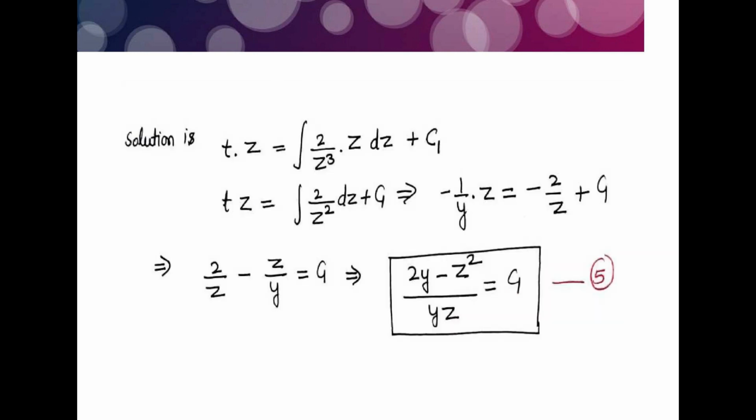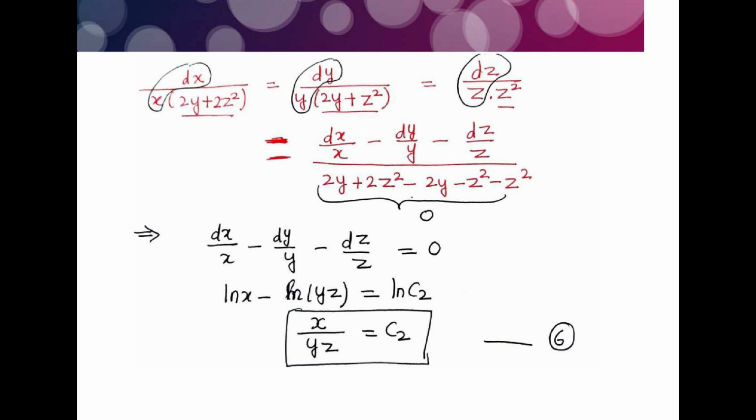So the solution of this Bernoulli's equation, you can simplify this. See the calculation part carefully. And finally I have the answer given by equation number 5, 2y minus z square divided by yz equal to c1. So this is the first integral curve corresponding to those auxiliary equations.